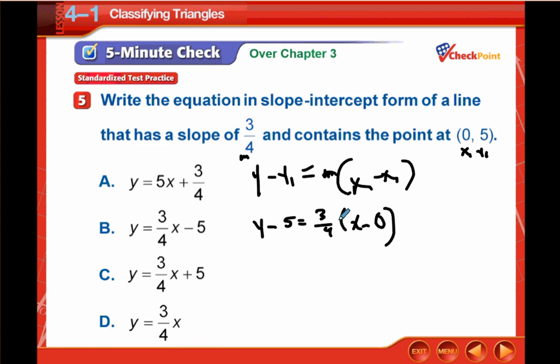To put that into slope-intercept form, which is what we've been asked to do, I need to distribute to get rid of my parentheses and then just add the 5 to both sides so I isolate y. This x minus 0 is just x, so I can just drop the parentheses and make that 3/4 x, and then add 5 to both sides, and we get y equals 3/4 x plus 5.